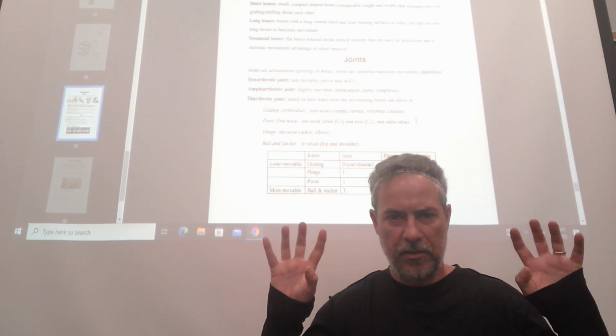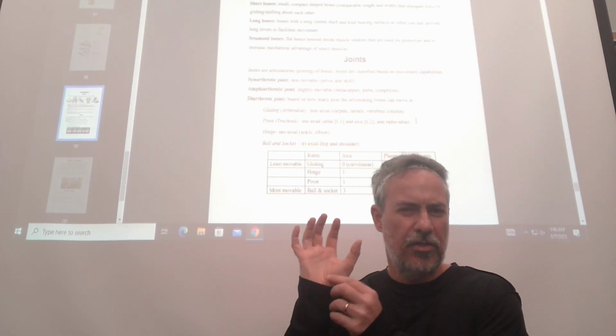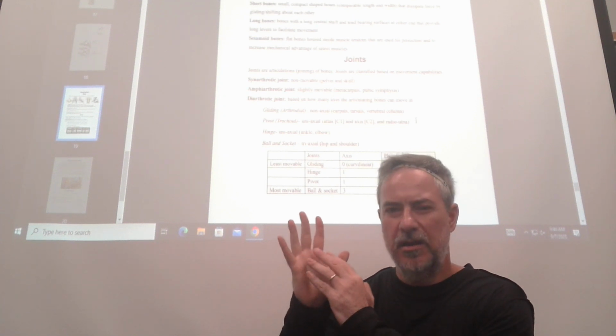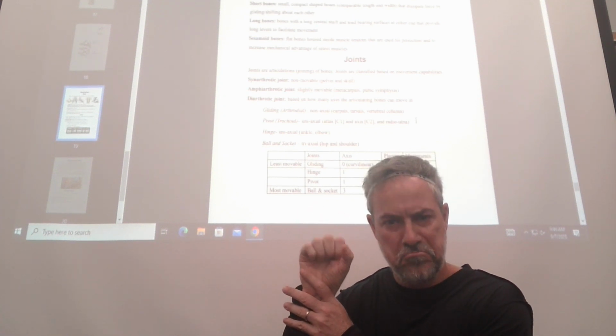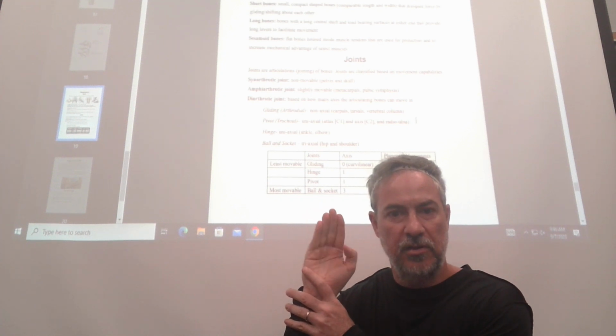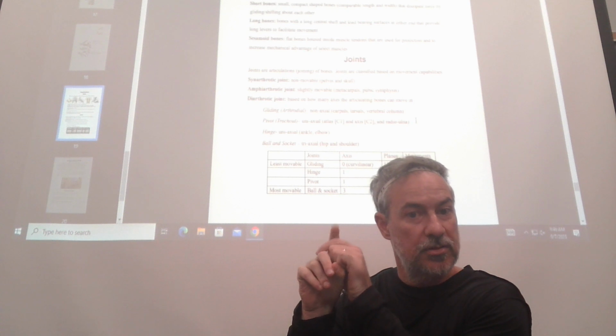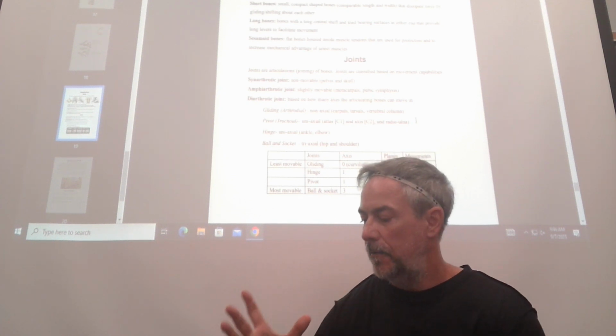So our fingers are hinged, not our thumb, that's a special joint that I'm going to talk about called a saddle joint, and not our knuckles, because our knuckles can get us in and out of fetal, but our knuckles can also fan out, okay? But all of our little interphalangeals are hinges.